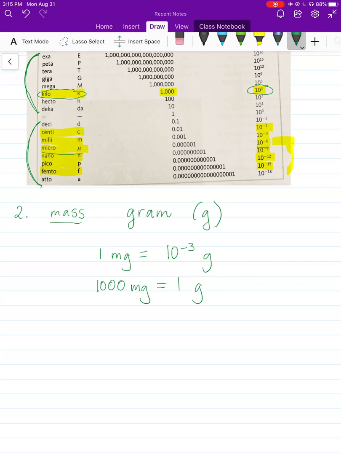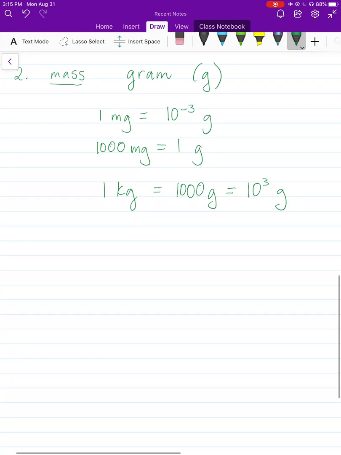You can scale it up as well. 1 kilogram equals 1,000 grams, or 10 to the third grams. Okay, so kilo literally means 10 to the third. So you can use any of those prefixes to scale the gram up or down. And you should be able to interconvert between the units with different prefixes.